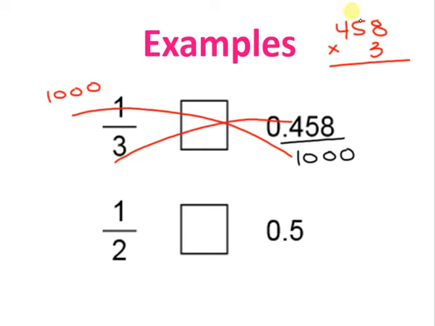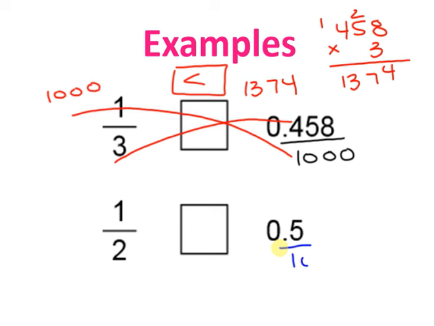So 3 times 8 is 24. 3 times 5 is 15 plus 2 is 17. 3 times 4 is 12 plus 1 is 13. So this would be 1,374, and 1,000 is less than 1,374.